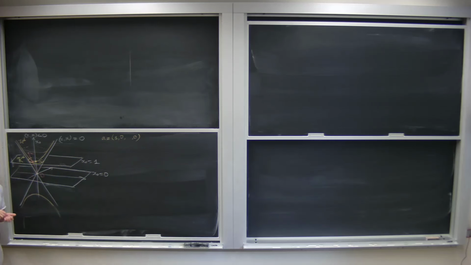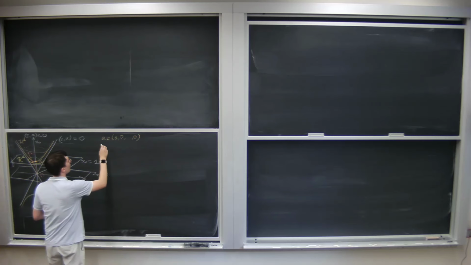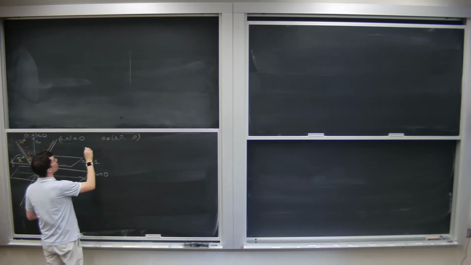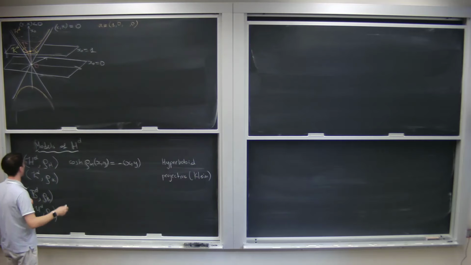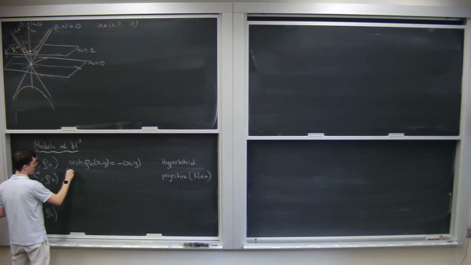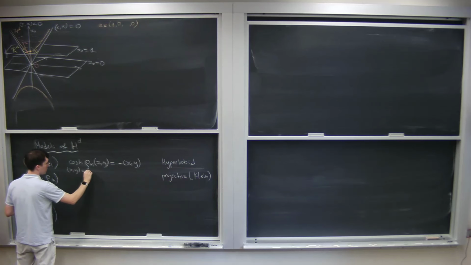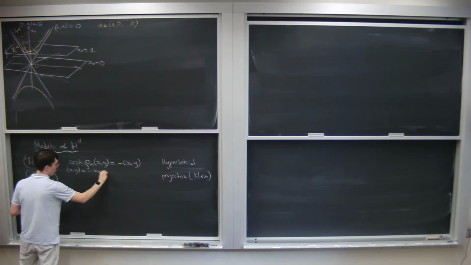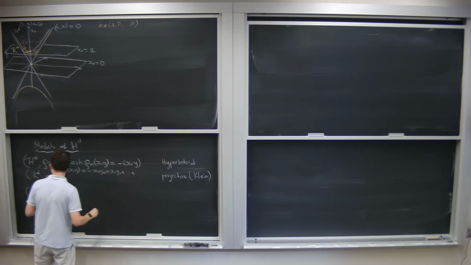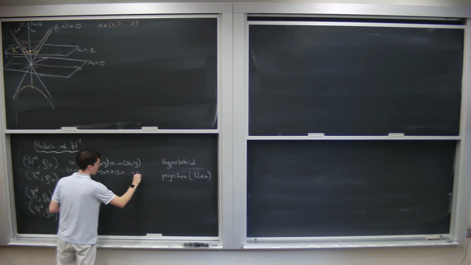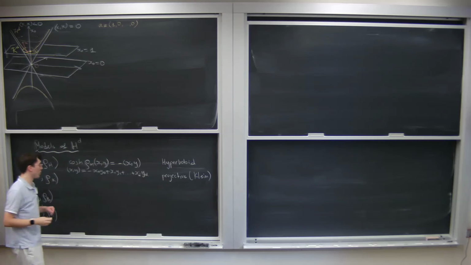Try to remember that the scalar product is x times y equal to minus x0 y0 plus x1 y1 plus and so on, plus xd yd. This is our scalar product. So the scalar product of A with itself is definitely -1.